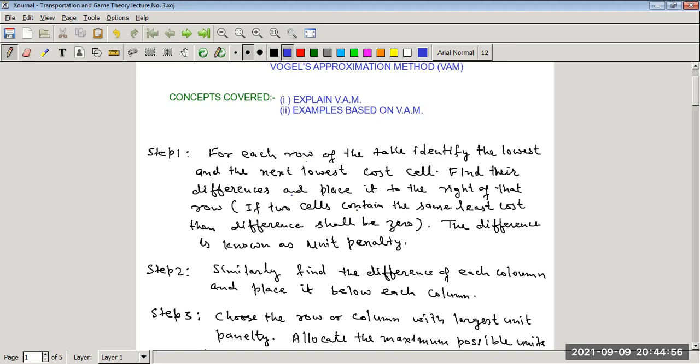If two cells contain the same least cost, then the difference shall be 0. The difference is known as the unit penalty. The difference we find between the least cost and the next minimum, what do we call that difference? That is the unit penalty.